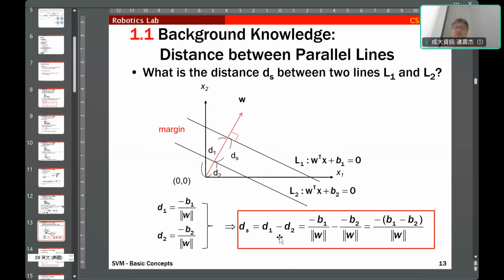It equals the constant divided by the norm, the unit, so it will be this result. So Ds becomes the difference of the two constants of the parallel lines divided by the unit of the normal direction. It will be this one.